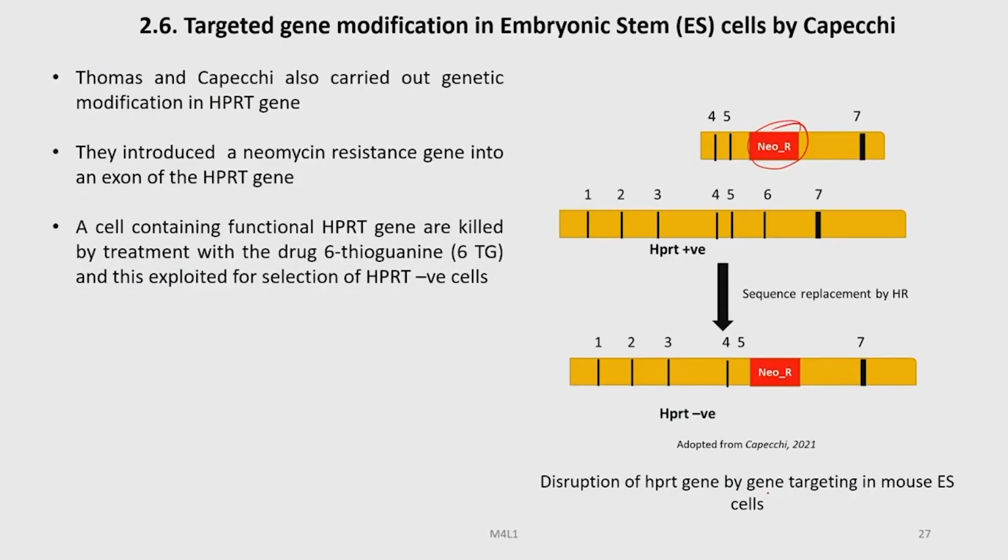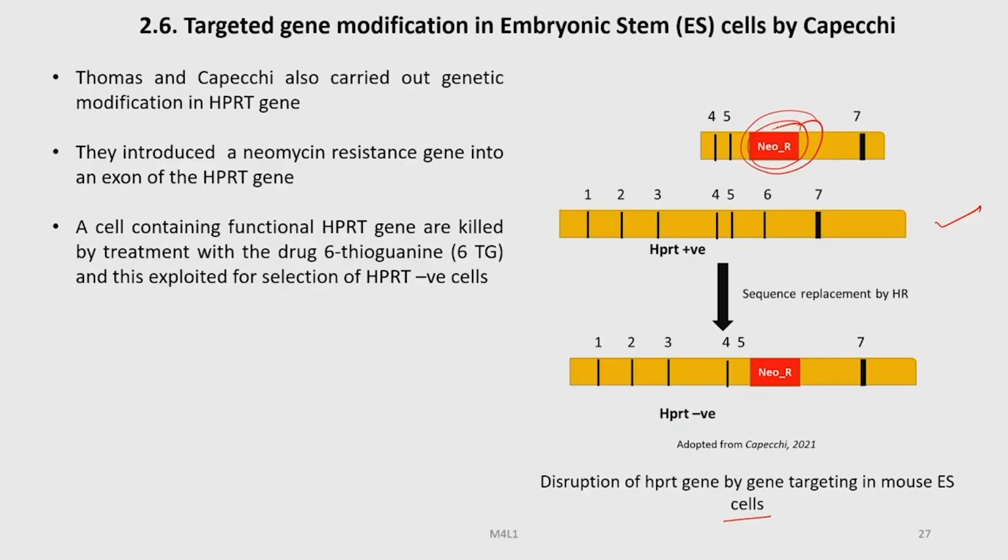So, here is a disruption of the HPRT gene by gene targeting in mouse embryonic stem cells. This is a functional gene, or HPRT positive. When the neomycin R is inserted into an exon of the HPRT gene, it becomes HPRT negative, and this is being carried out by sequence replacement through homologous recombination.